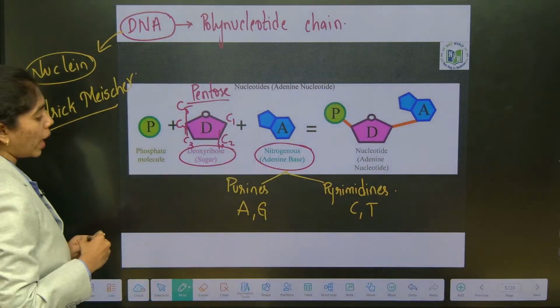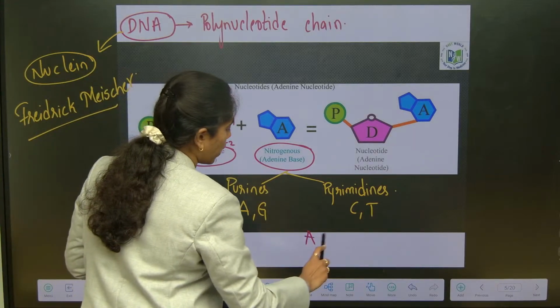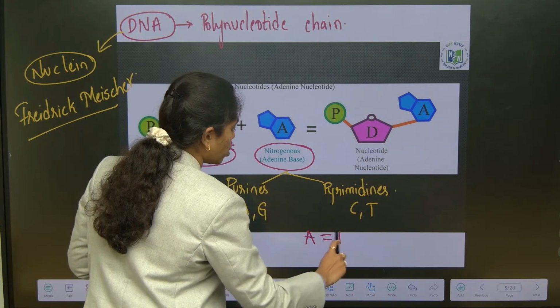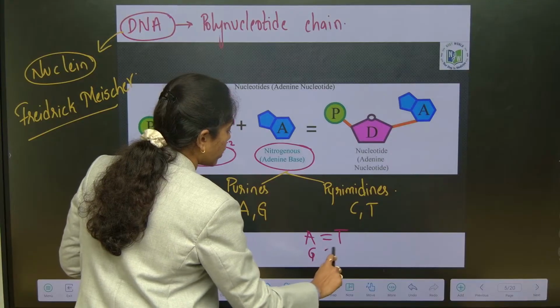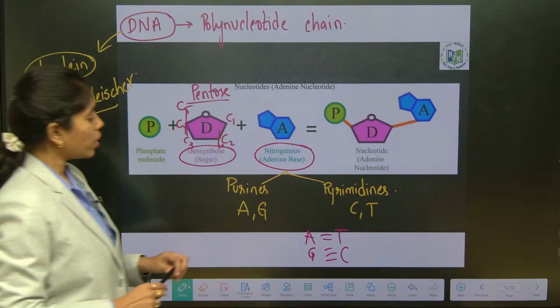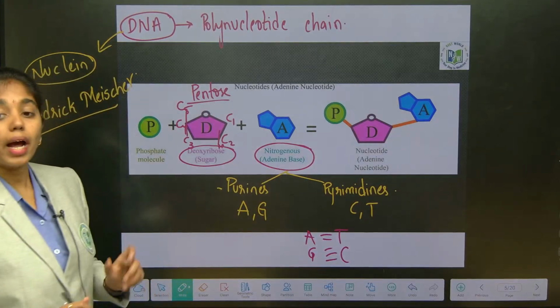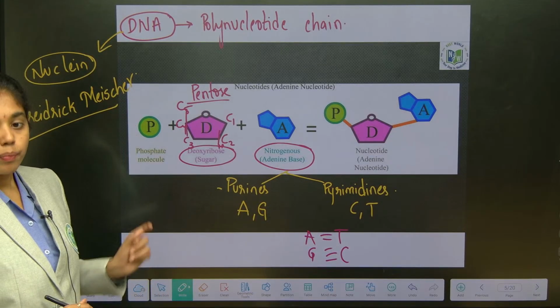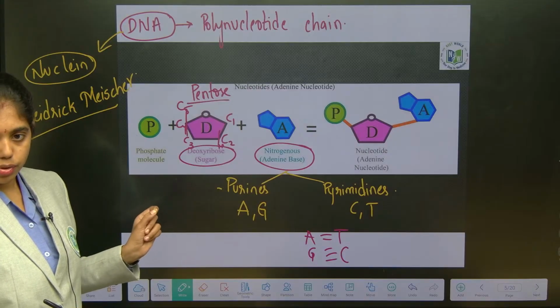And we know adenine is bound with two hydrogen bonds to thymine. Guanine is bound with three hydrogen bonds to cytosine. Purines have a heterocyclic ring with nine atoms.